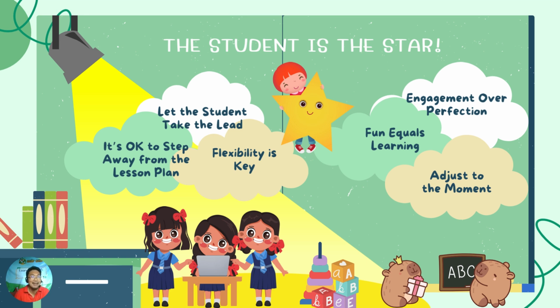So if you have this little amount of patience, extend it, stretch it. We should not be highlighting their mistakes, but we should be celebrating their effort for trying and of course their successes, whether that's small or big.